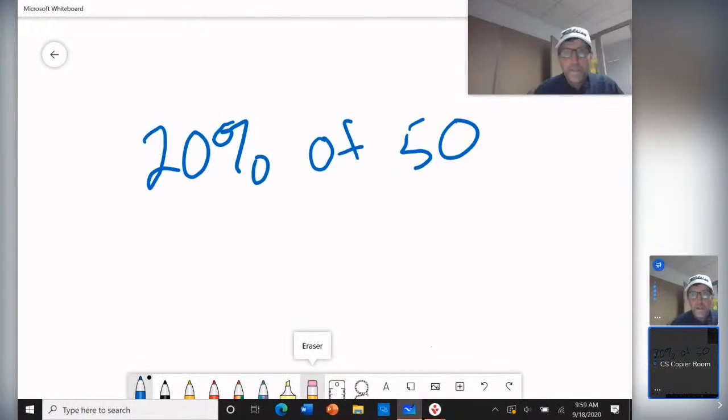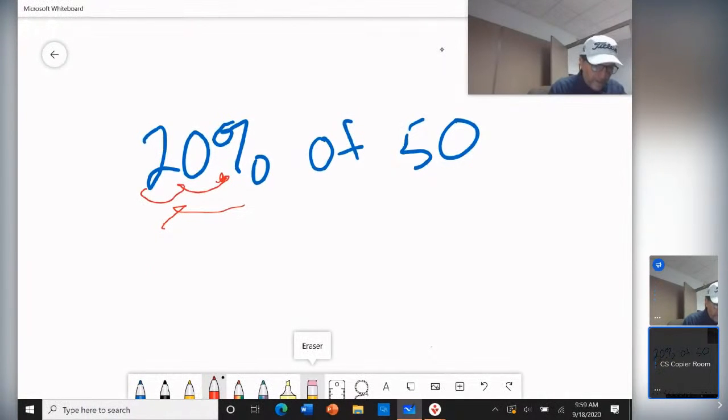So what we're going to do, we're going to multiply here. And remember, we convert a percentage to a decimal. We're going to move the decimal point 1, 2. So that becomes 0.2 times 50.